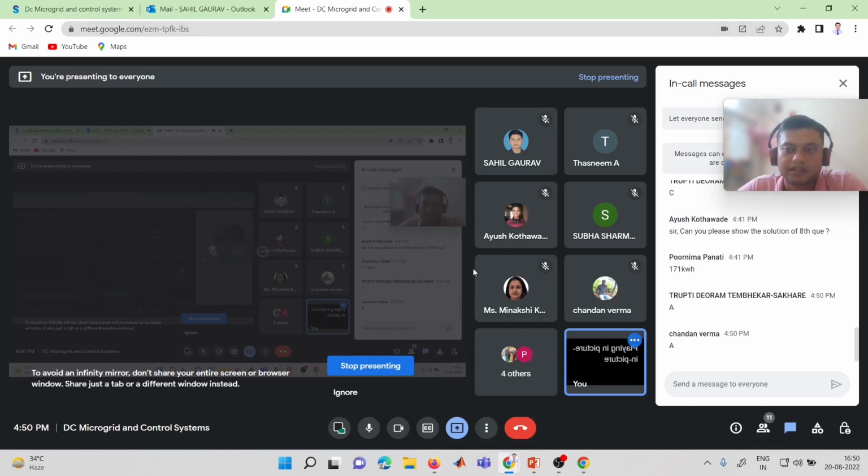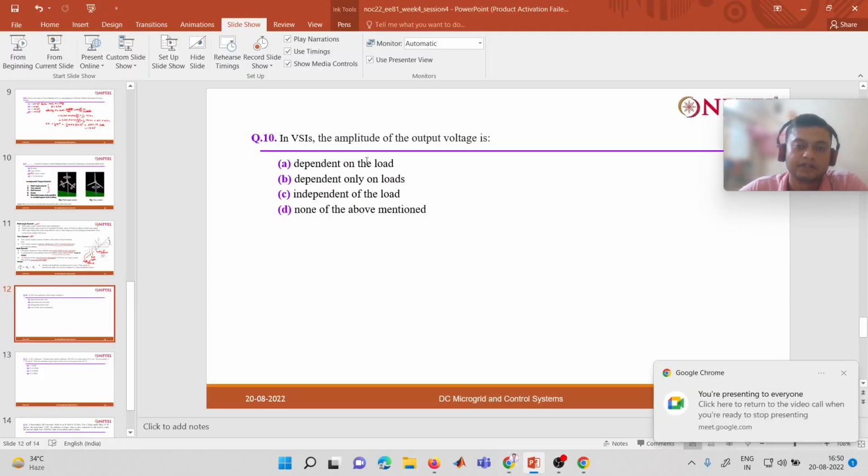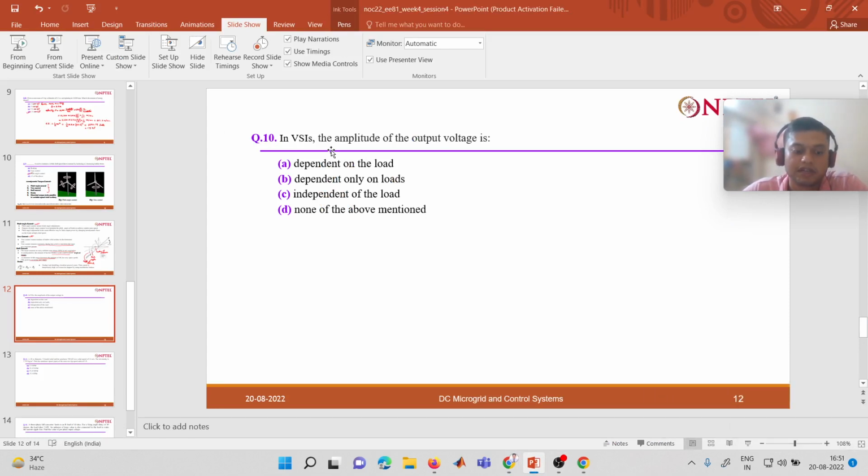Chandan Verma and Trupti have responded to this question. This question is very simple. In a voltage source inverter, does the amplitude of the output voltage depend on the load or not? You have to ask yourself.